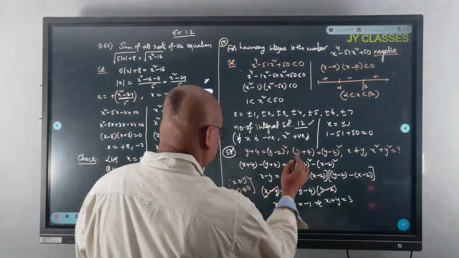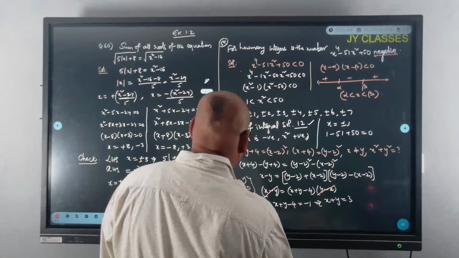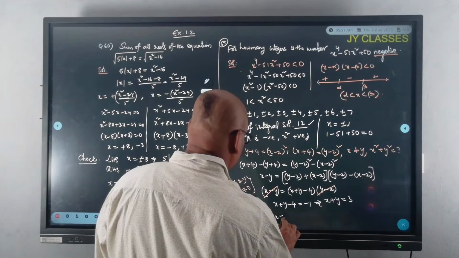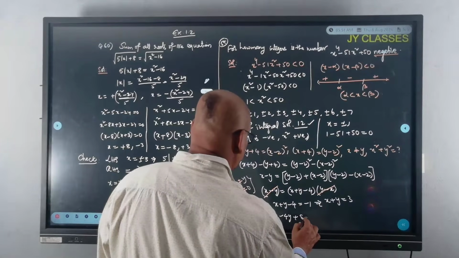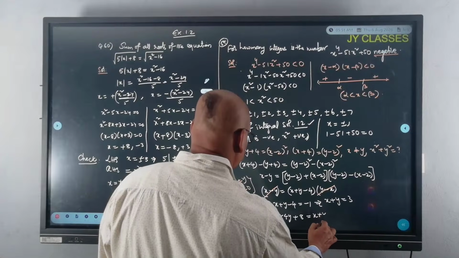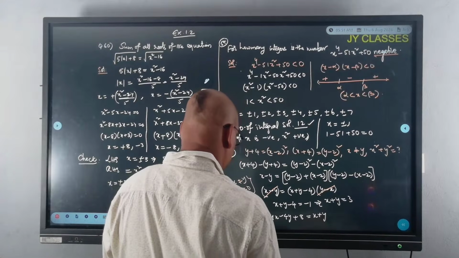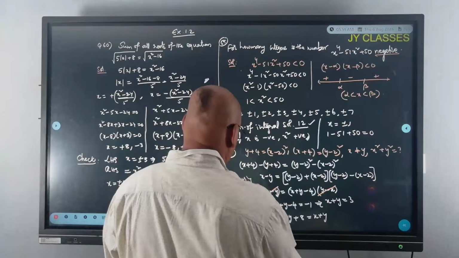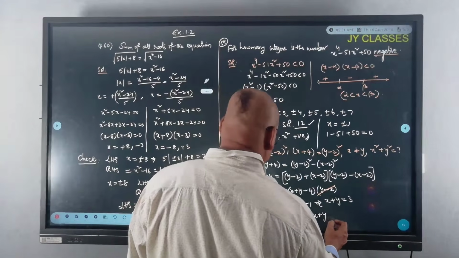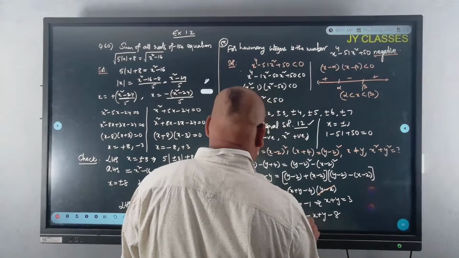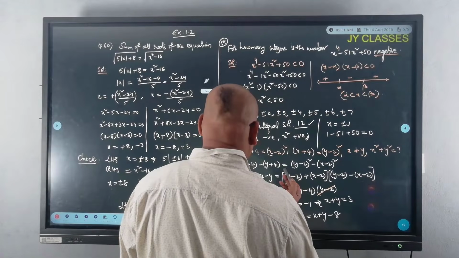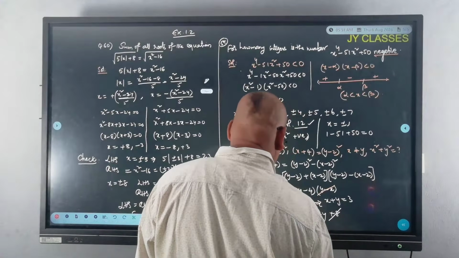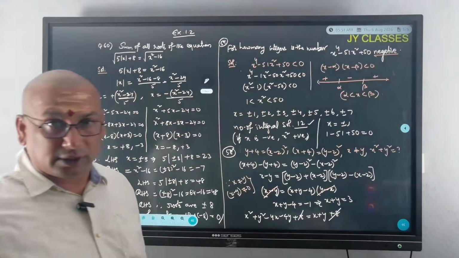If you add these, what we'll get here? x square plus y square minus 4x minus 4y plus 8 is equal to x plus y plus 8, sorry. So now you can substitute x plus y is equal to 3 in that equation.